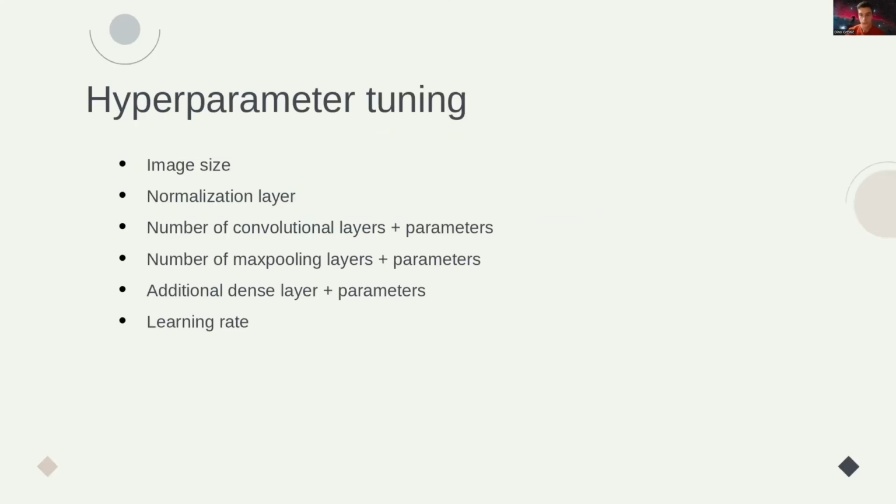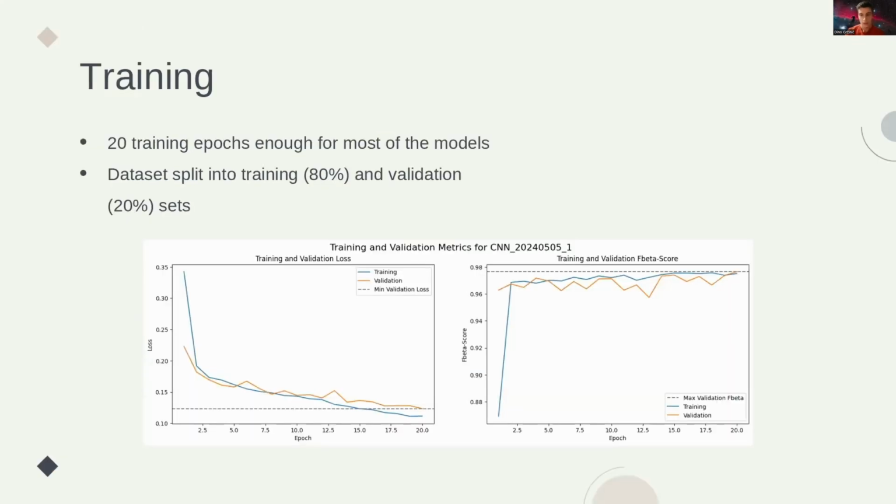I also used hyperparameter tuning for the models, which means the algorithm chooses the optimized values of various parameters like image sizes, normalization layers, and presence of some layers. And for the training, for all of the models, 20 training epochs was more than enough. 80% of the dataset was used for training, and the remaining 20% was used for validation.